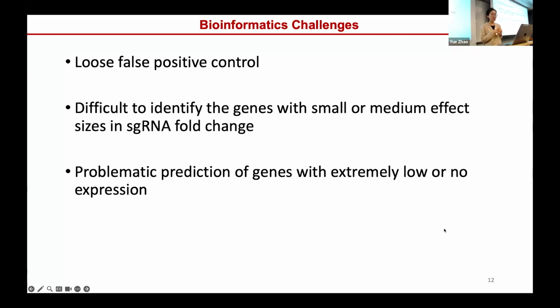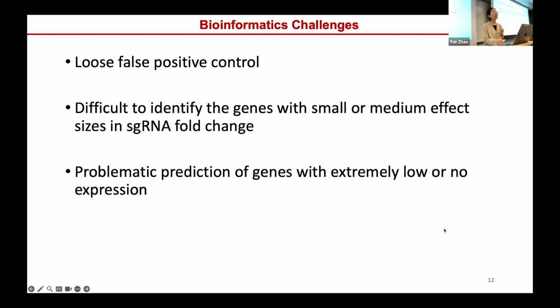Second, it remains challenging to identify genes with moderate effect size in guide RNA fold change, and these genes can be important in target discovery. And third, existing computational approaches tend to have problematic predictions of genes with extremely low or no expression, so these genes are hard to validate in the wet lab.